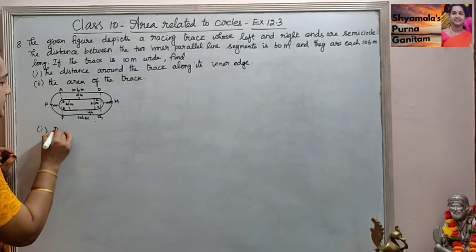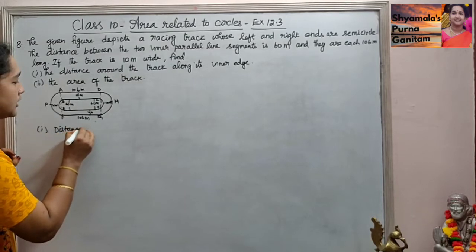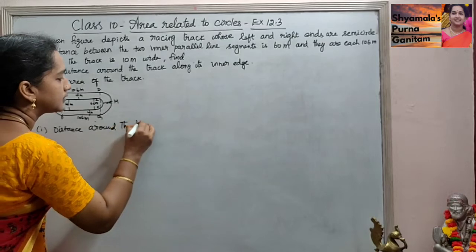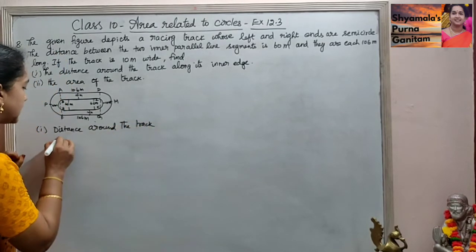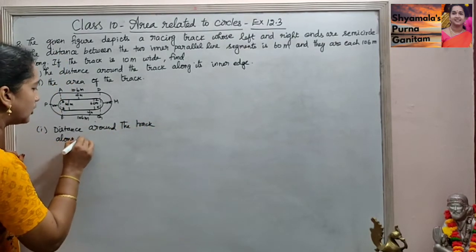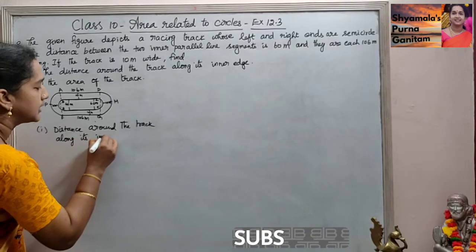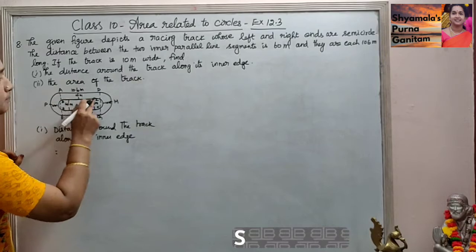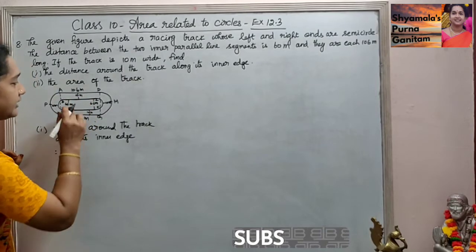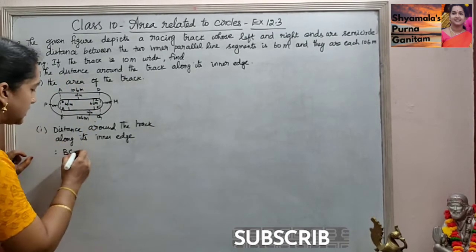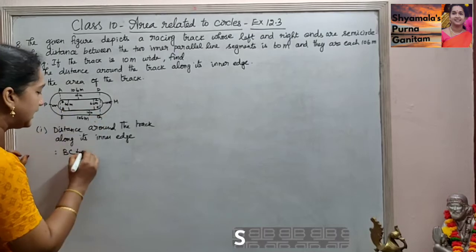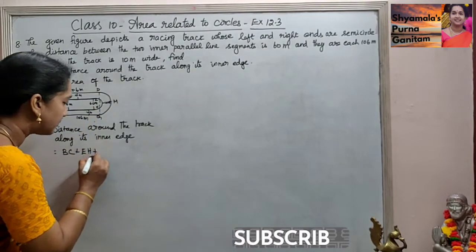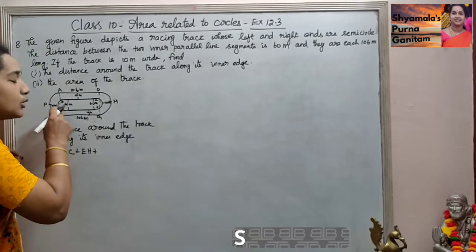So the distance around the track along its inner edge is equal to BC, that is 106 meter, plus EH, that is also 106, plus the semicircular parts.